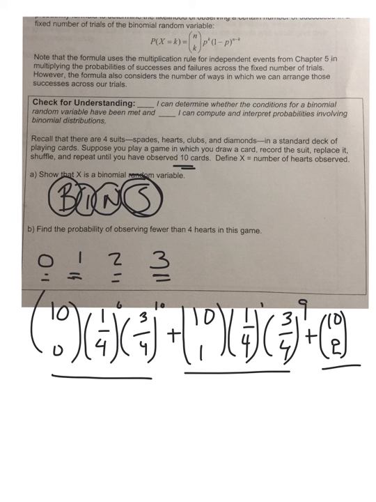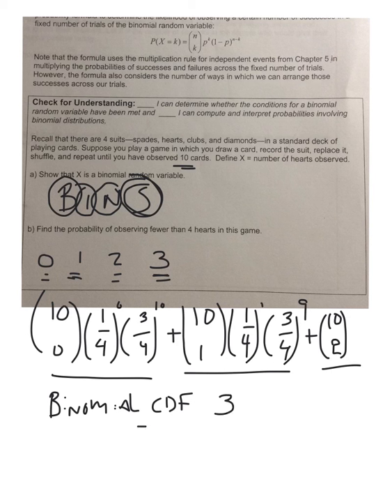But since it says observing fewer than 4 hearts, so 3 or less, you can go to binomial CDF, right? And you're going to do 3 or less.